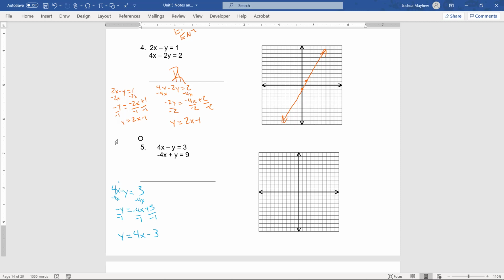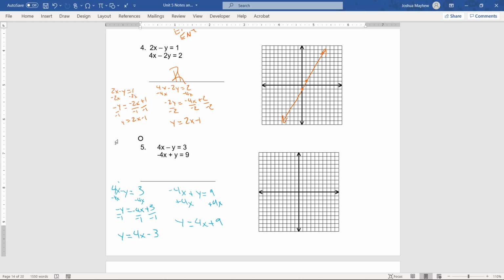And my next equation, add 4x to both sides. Get y equals 4x plus 9. So you see immediately that they do have the same slope. Remember from previous chapters, the same slope means that they are parallel lines. I do want to go ahead and graph.